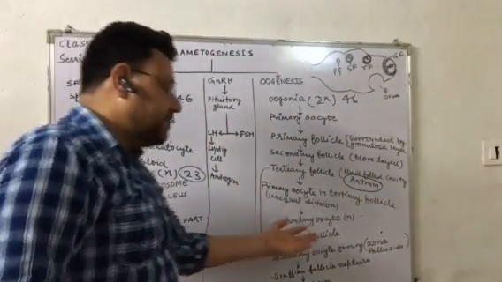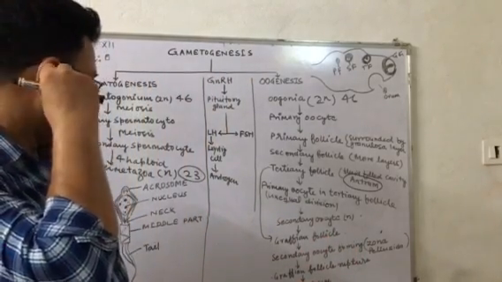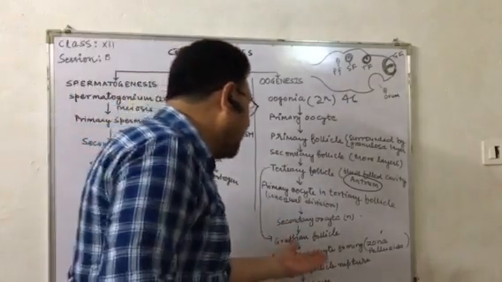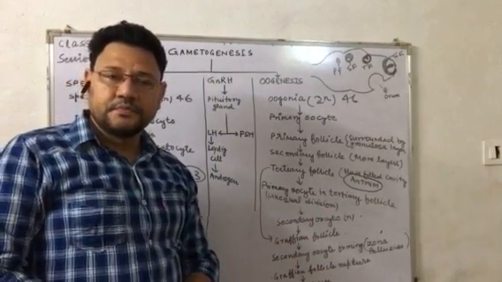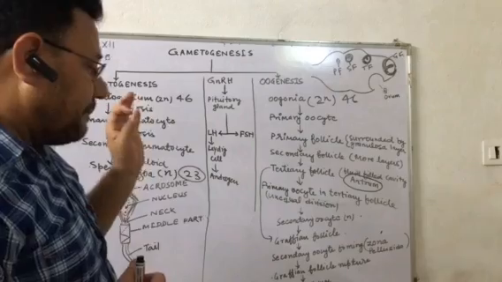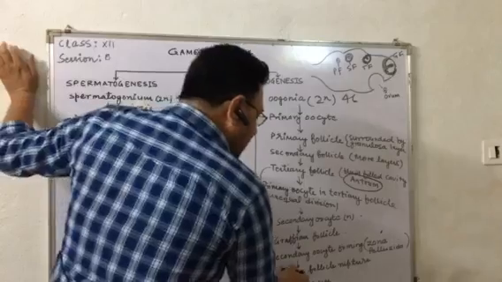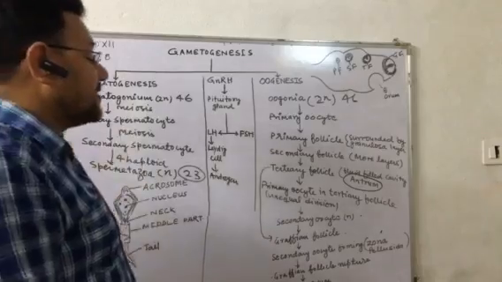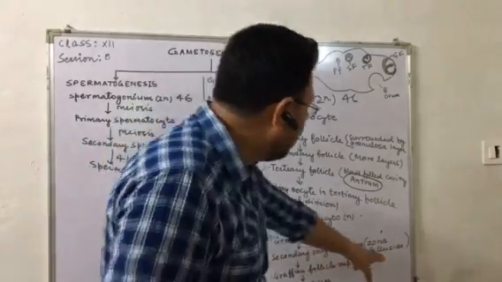So secondary oocyte formed. And this secondary oocyte will be surrounded with this Graafian follicle. This Graafian follicle is the mature state where this secondary oocyte forms one more layer, and this layer is known as zona pellucida.